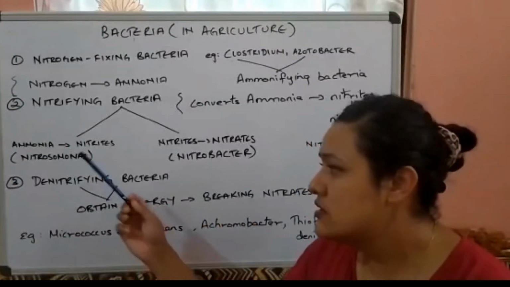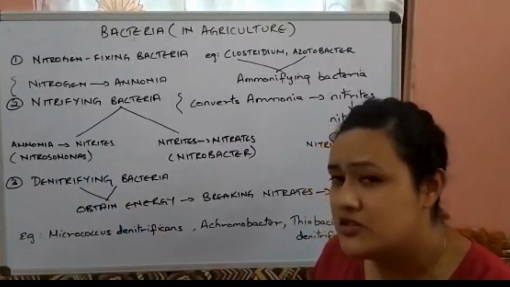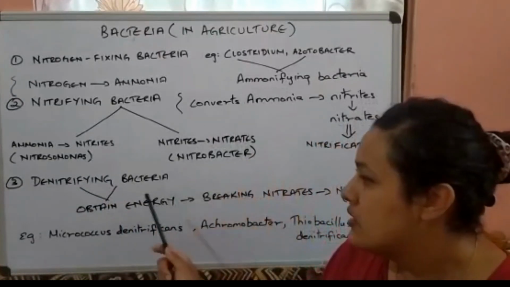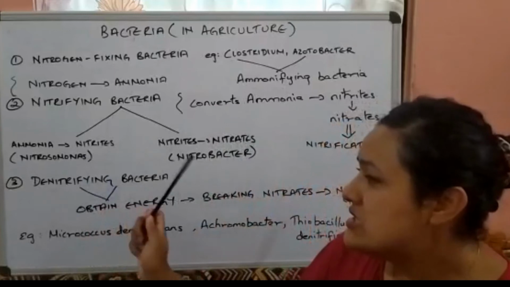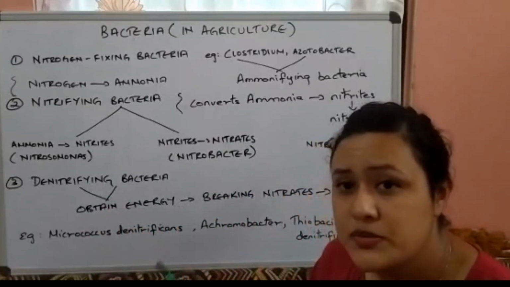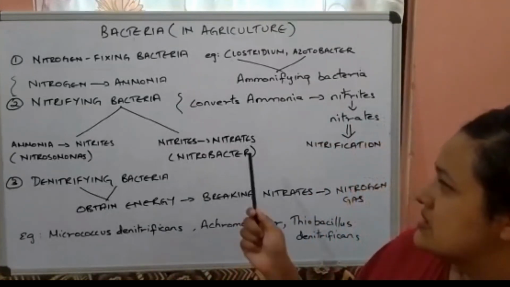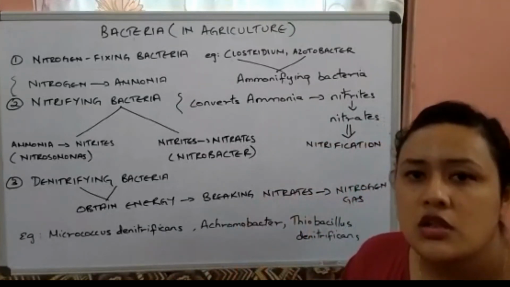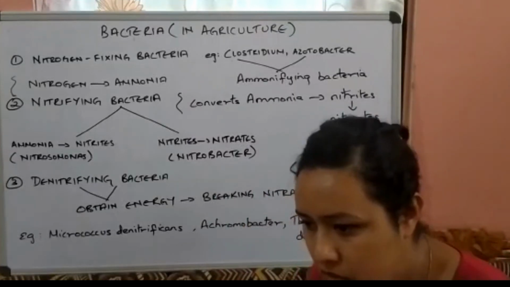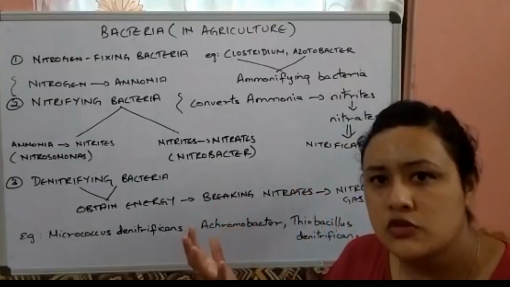Then the third one is the denitrifying bacteria. Please remember there's a cycle going on. The work of these denitrifying bacteria is to obtain energy by breaking nitrites down to nitrogen gas, and that nitrogen gas escapes to the atmosphere.